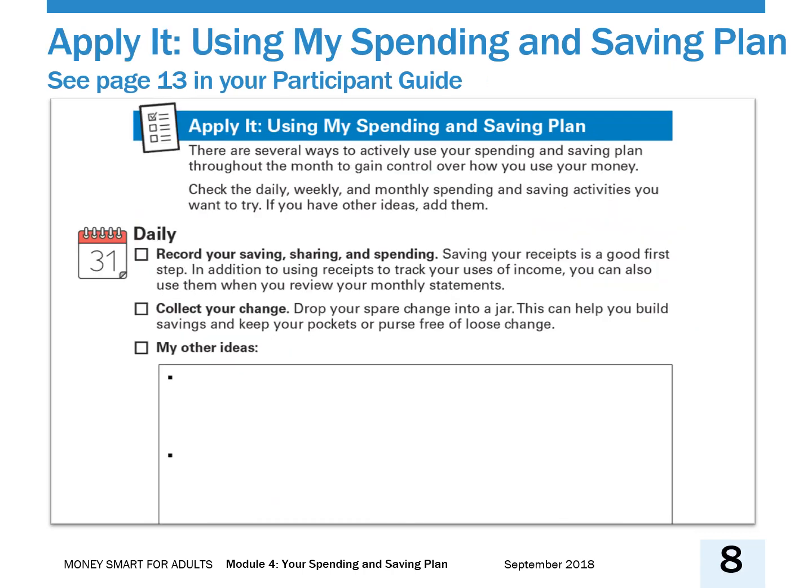Okay, now turn to page 13 in your participant guide. Apply it using my spending and savings plan. This blank spending and savings plan has 3 sections: my net income, my expenses, and comparison of my total net income and total expenses.